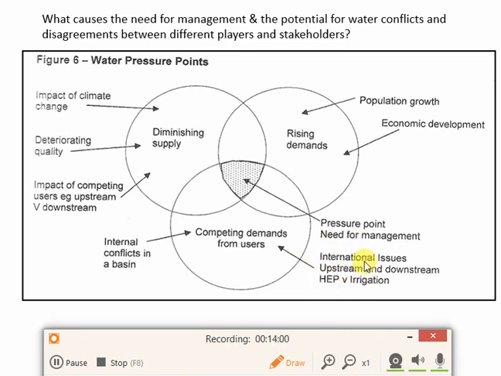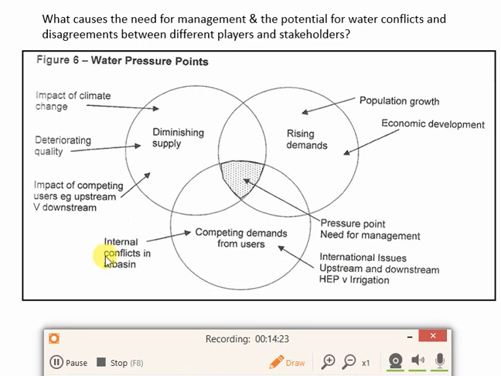That's an international kind of disagreement. The Mexicans aren't happy about it, but there's not a lot they can do. Another international example: Turkey built the Ataturk Dam as part of the GAP project, damming off the Euphrates River. Downstream countries such as Iraq and Syria, again, international dispute, not happy.